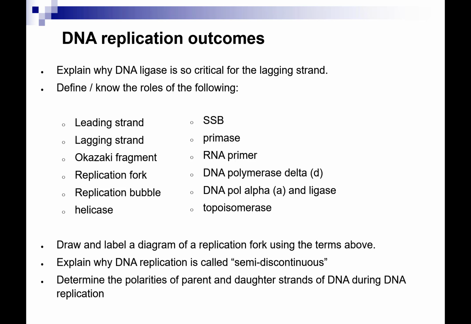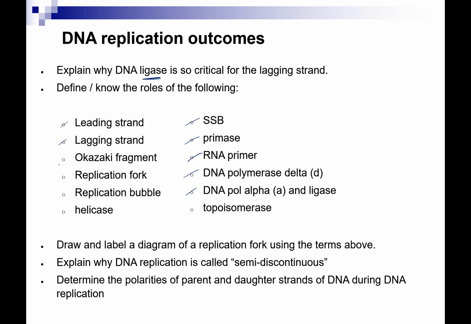Explain why DNA ligase, we've talked about that, is putting together those Okazaki fragments, actually any DNA fragment, so at the very end, leading and lagging strands will be connected by ligase. We've talked about single-stranded binding protein, primase, and making the primers. DNA polymerase delta and alpha.